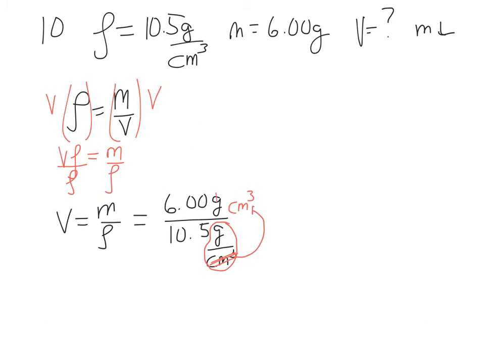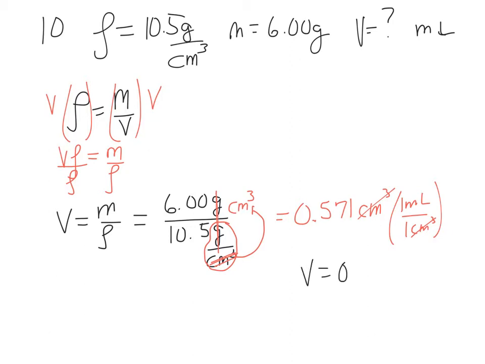Okay, so the grams cancel, grams over grams, and we end up with 0.57, and I need another sig fig, so 0.571 centimeters cubed. And since 1 milliliter equals 1 centimeter cubed, we can say that our final answer is that the volume is 0.571 milliliters.